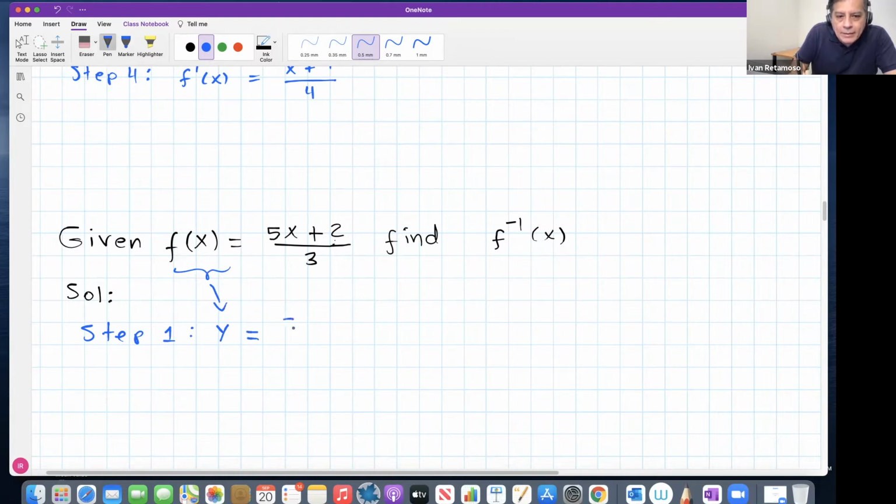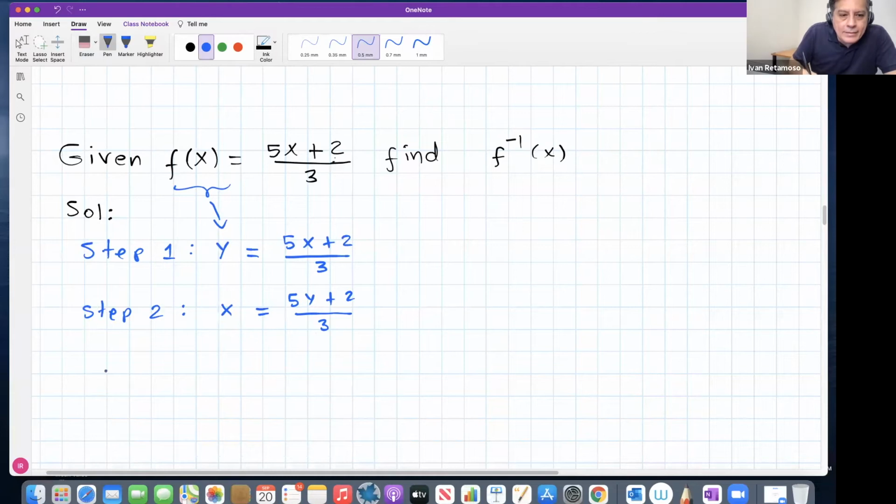Y equals 5x plus 2 over 3. Step 1. Step 2, switch X and Y. So where you see Y, you write X instead. Where you see X, you write Y instead, right? So we get this.